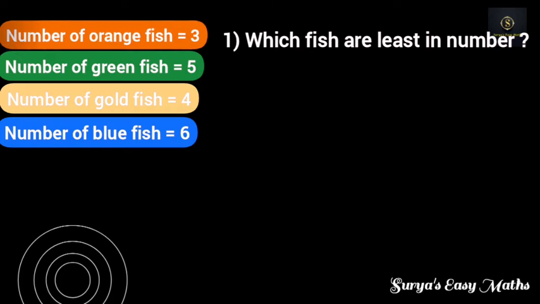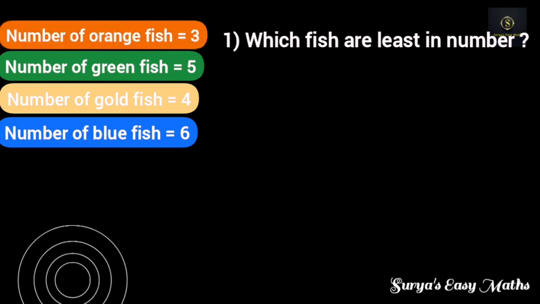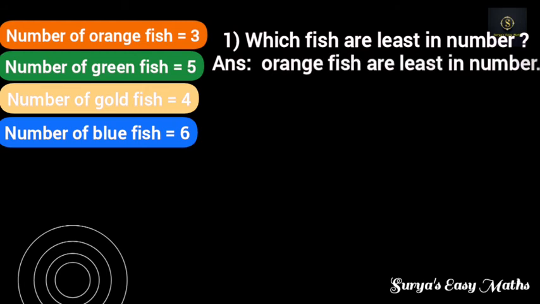So observe the number which is less number, it is 3. So which color it is? Yes, orange fish. Therefore we write answer as orange fish are least in number.